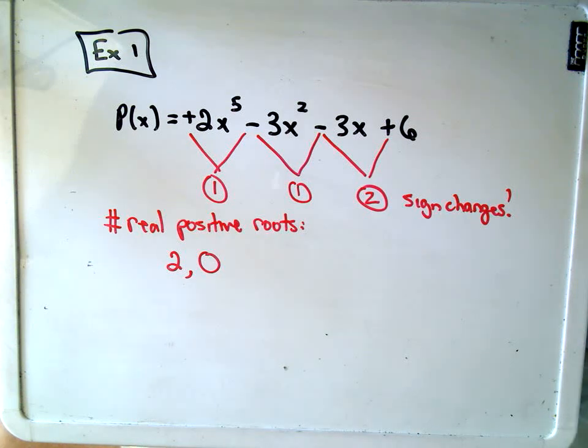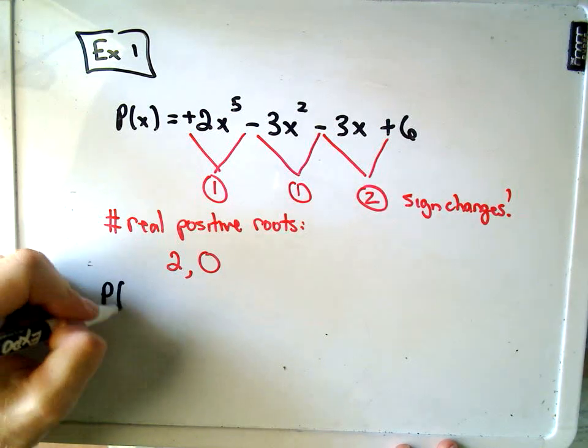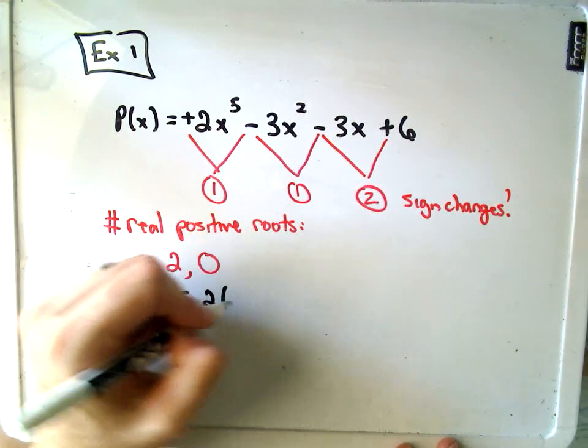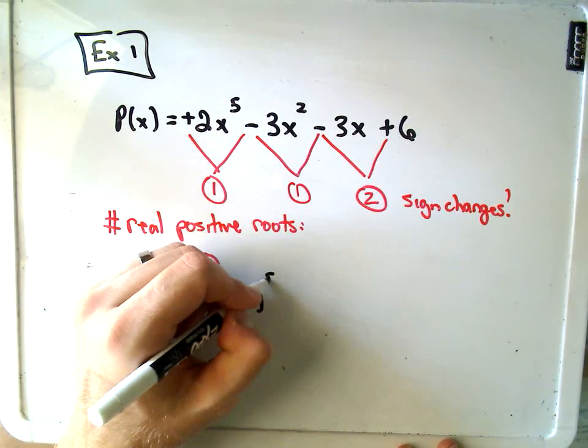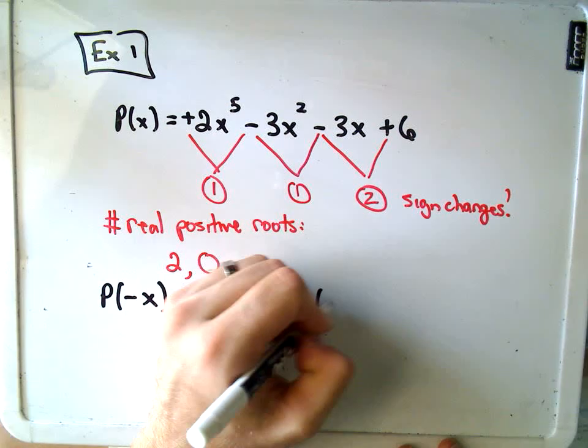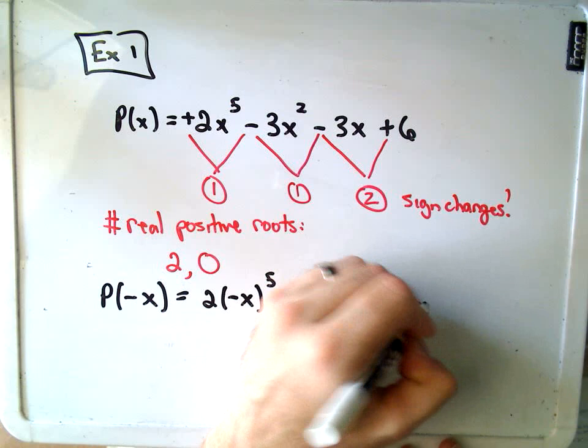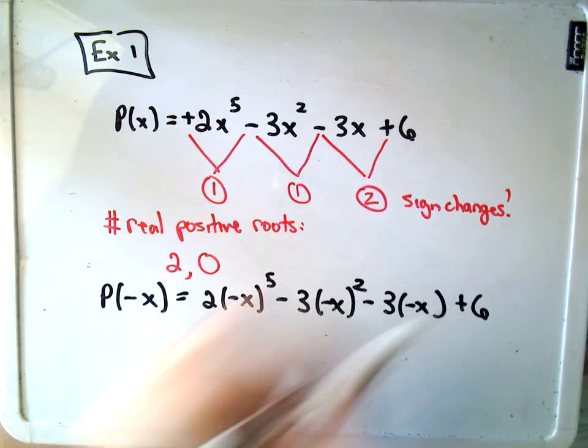Okay, if we want to look at the number of possible real negative roots, we have to examine p of negative x. All that means is where there originally was an x, we replace it with negative x. We have to be a little careful with our order of operations to make sure we get the signs correct.